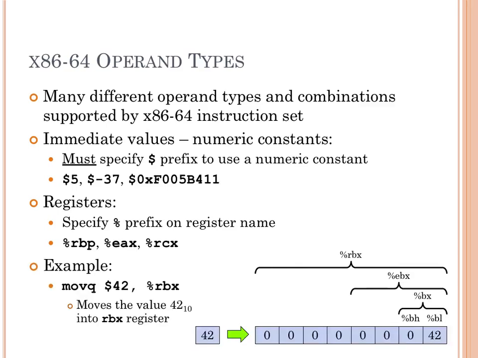So here's an example, movq $42, because we just love 42 so much. Let's move that into RBX. And honestly, all you'd have to do is move it into EBX, and it would clear the top 4 bytes of RBX for us. And so you can see that that's the way to write that instruction. Now, this is also a really good illustration. If you were to look at the encoding of this instruction, you would see that it only stores 1 byte.